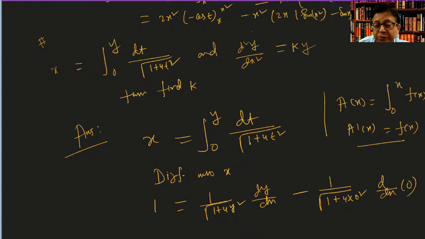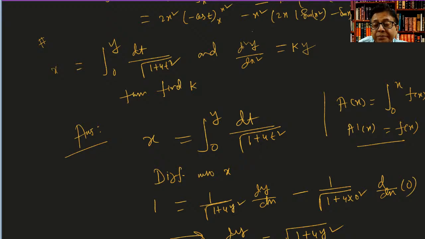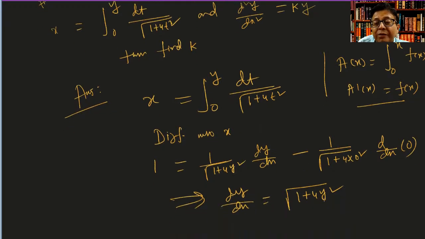Hope you have understood. So here, for this sum, dy by dx is going to be under root 1 plus 4y square. Okay? dy by dx equal to this thing, under root 1 plus 4y square.